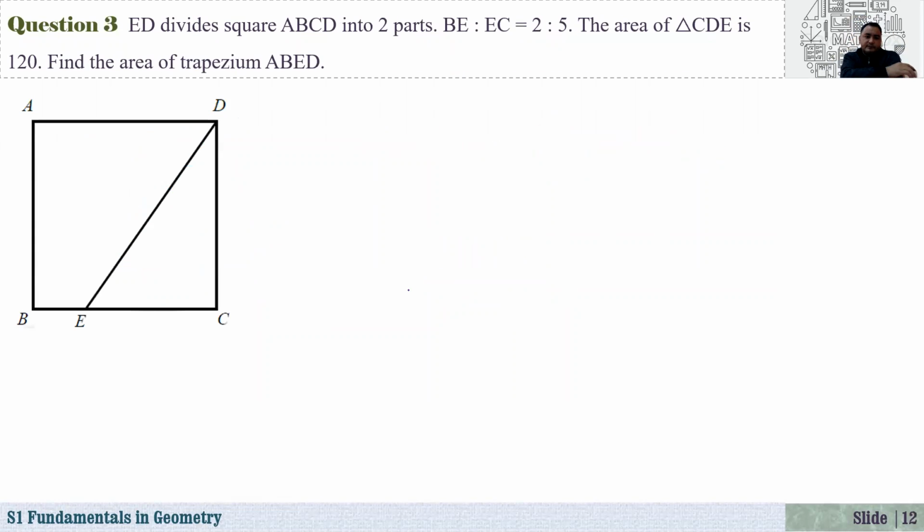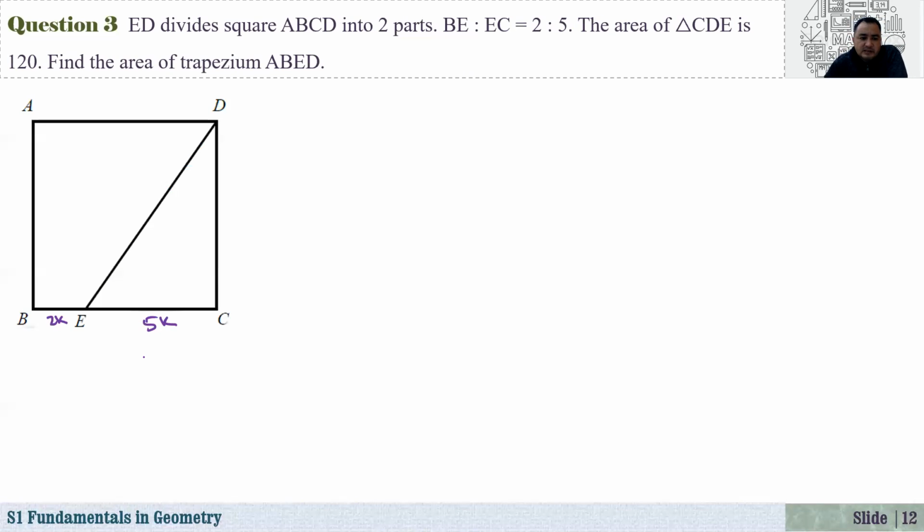All right, next question. In this figure, I think we're given a square. Yes, ABCD is a square, and ED divides square ABCD into two parts. BE to EC is 2 to 5. So that means let's say this one is 2K, and EC is equal to 5K.